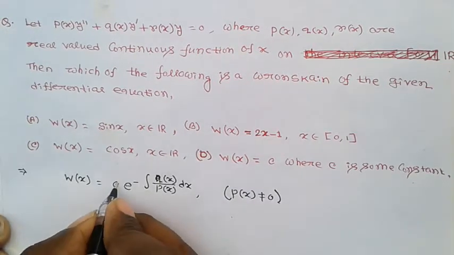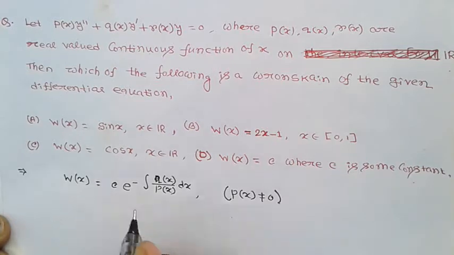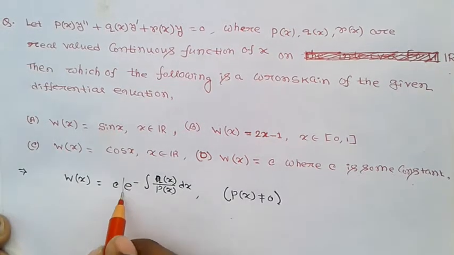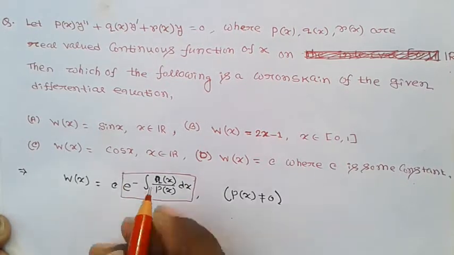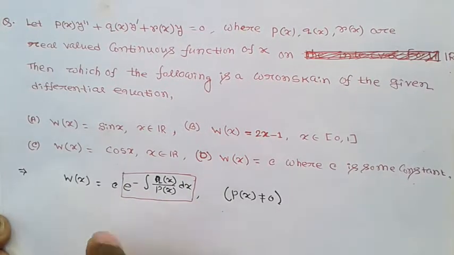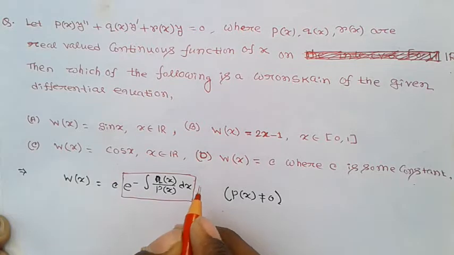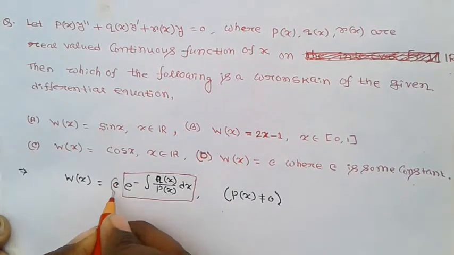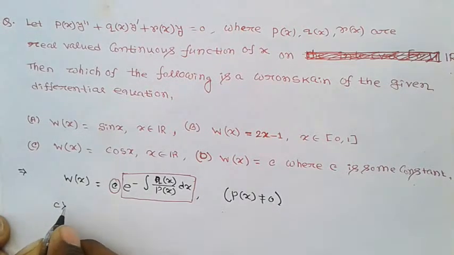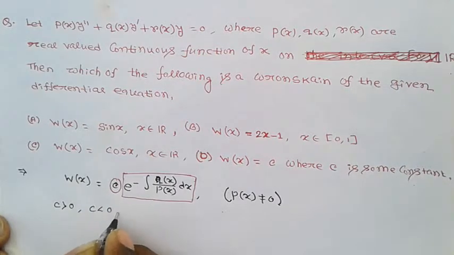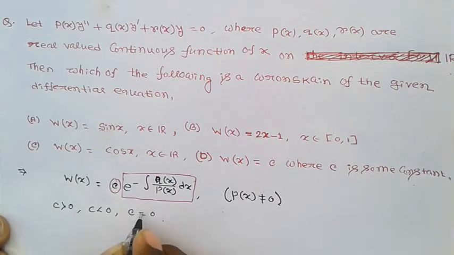Now the sign of the Wronskian depends on this quantity. This is always positive, so the sign of the Wronskian depends on the constant c. So either c is positive, or c is negative, or c equals 0.